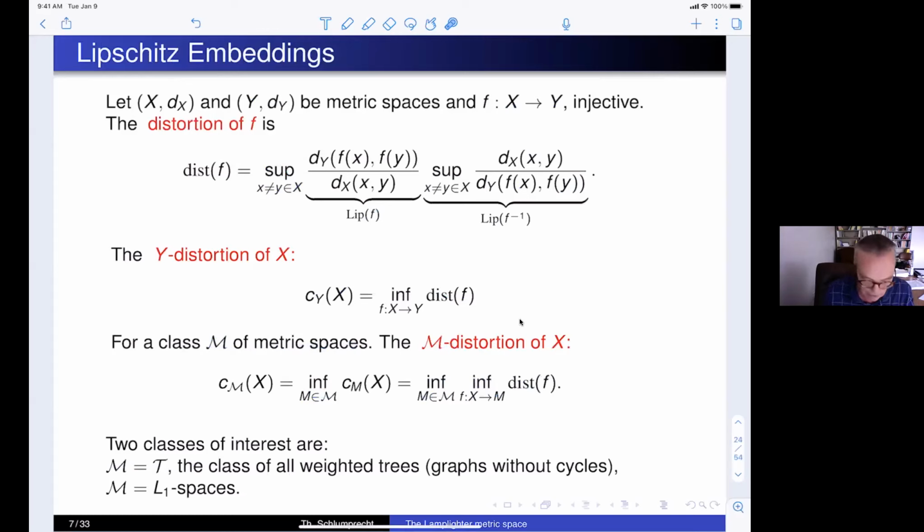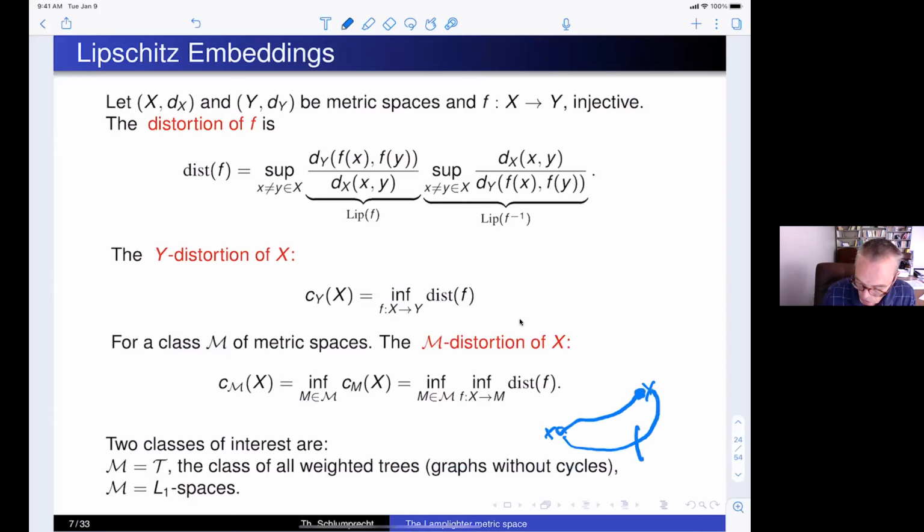One class will be the trees with weights. I will be a little more careful in a couple of minutes, but for the moment, trees are simply graphs which do not have cycles. In other words, if you have an x and a y, there's exactly one path from x to y.